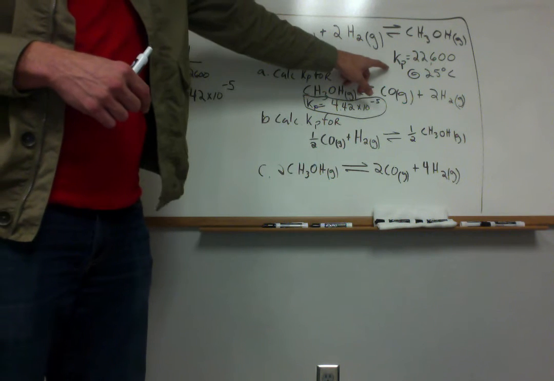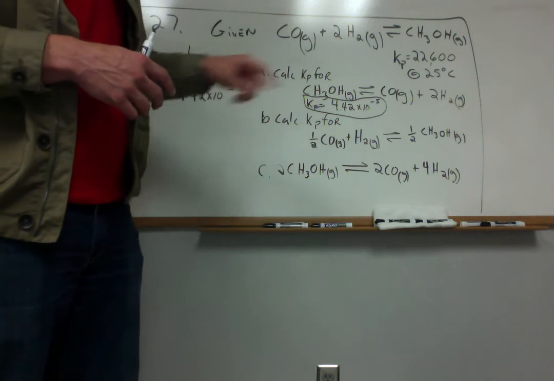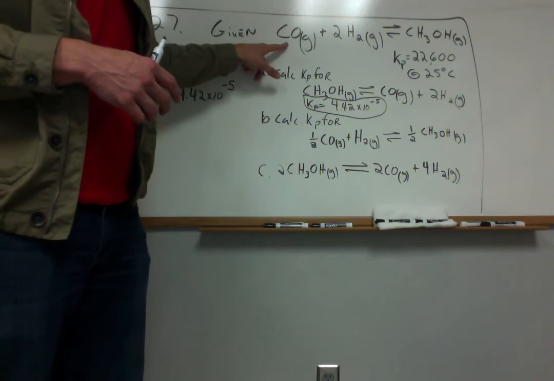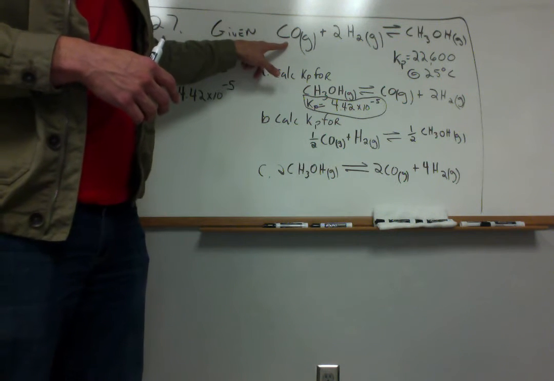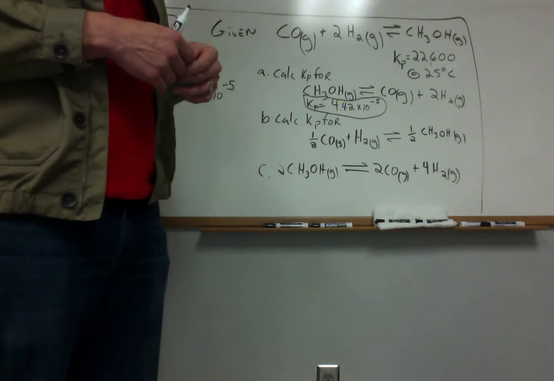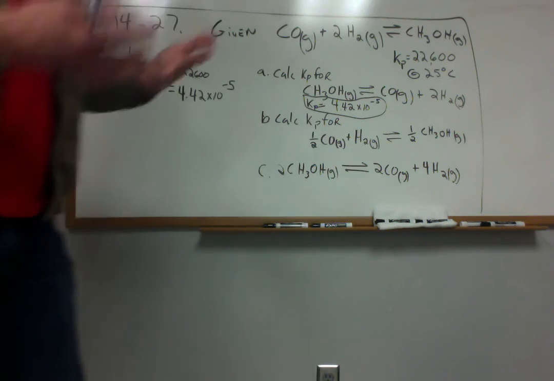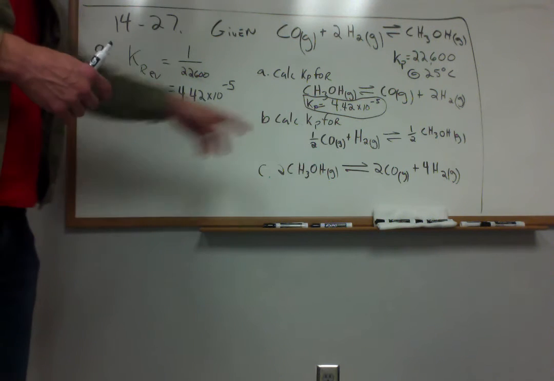If Kp is a very small number, say less than 0.001, you've got mostly reactants. If K is an intermediate value, you have a little bit of both present in your reaction system once the system reaches equilibrium. You've got all these substances present at the same time, okay? So that's what Kp tells me.